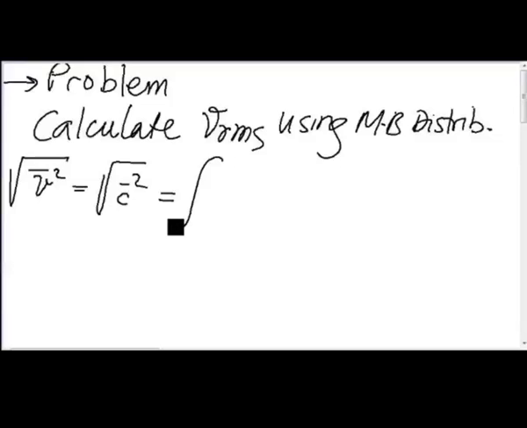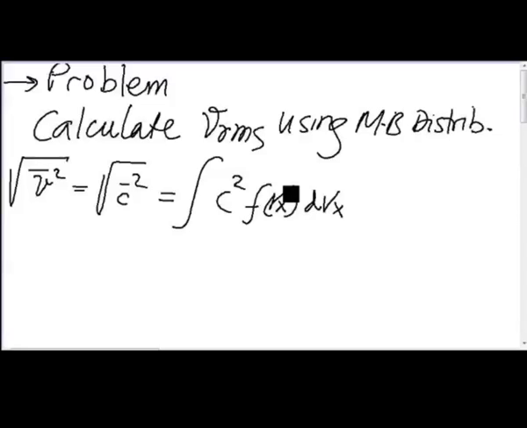And this means we have to multiply this with the Maxwell-Boltzmann distribution equation. So meaning that we have to count this by the integral of v squared times f(v) dv.